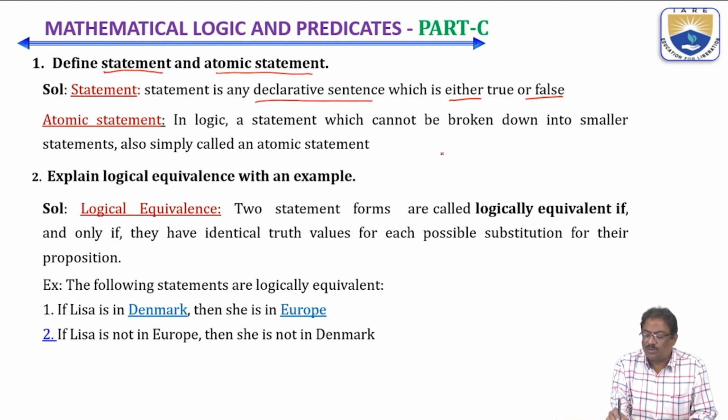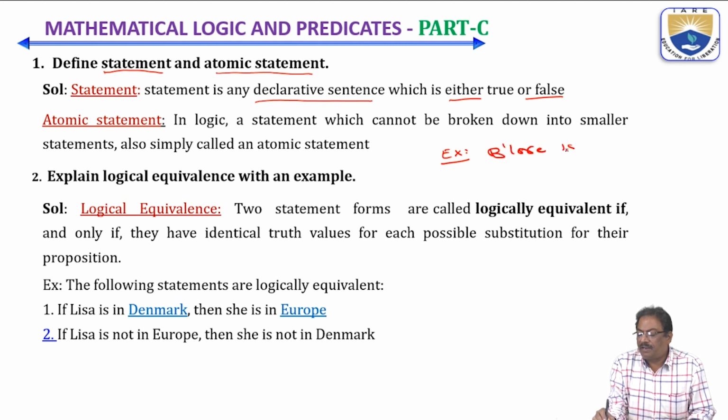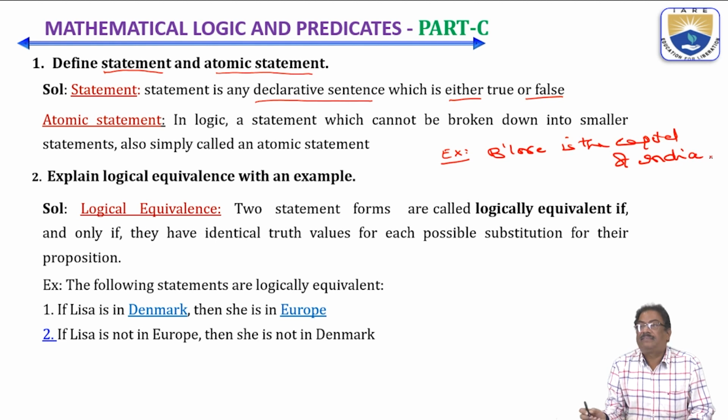Suppose you consider the example, let us say Bangalore is the capital of India. Here it has a truth value. It's a declarative sentence, and the truth value is either true or false.